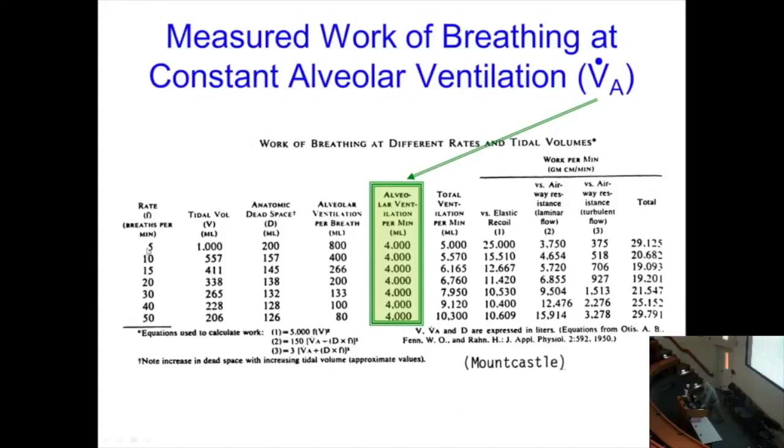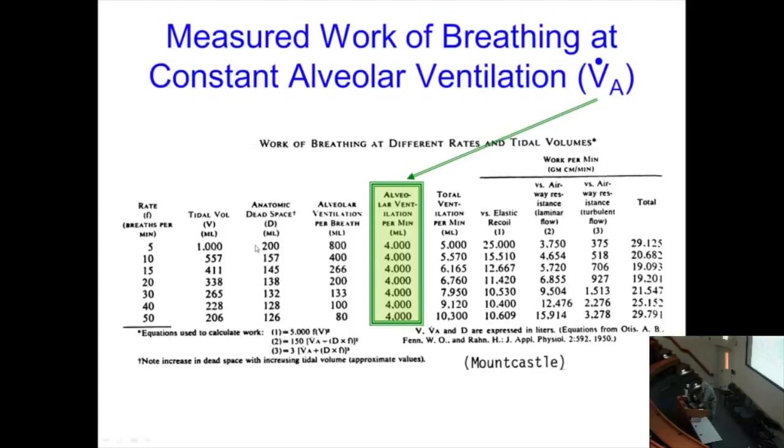We can breathe 5 breaths per minute with a tidal volume of 1,000 milliliters, or we can go all the way up to 50 breaths per minute with a tidal volume of about 200 milliliters. In the last 4 columns, we're looking at the work of breathing in these different ways.